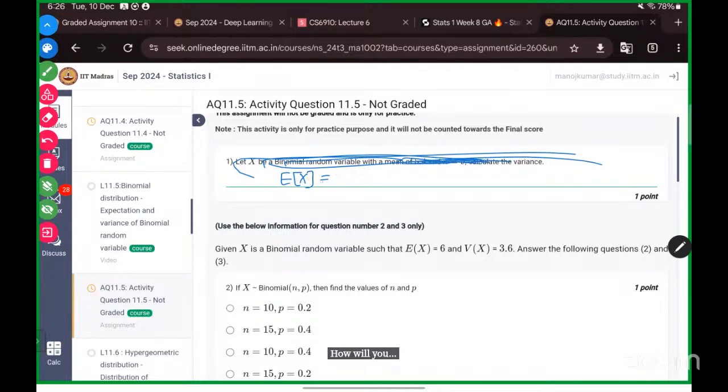How will you give it in a formula? It is the sum of x times the probability. What is this value going to be?